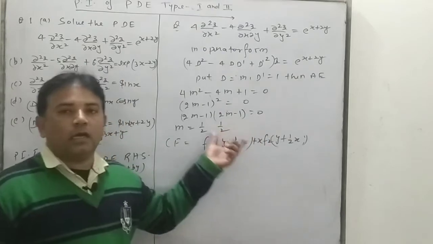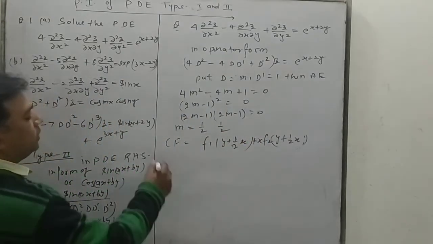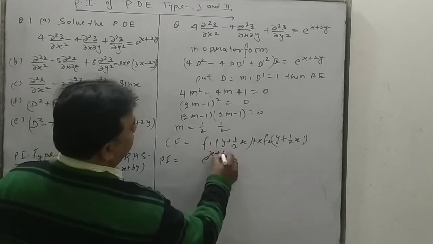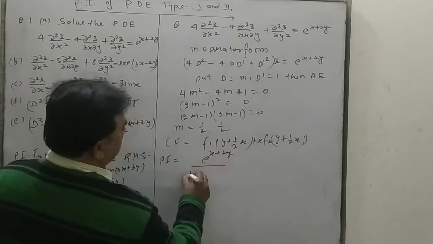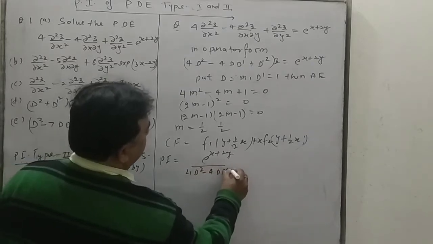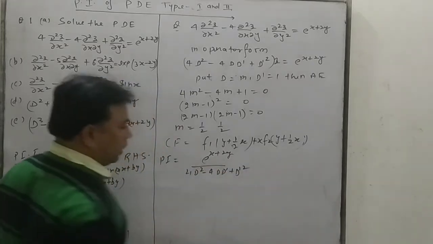After that you find the PI of this partial differential equation. PI equal to e to the power x plus 2y upon 4D square minus 4DD dash plus D dash square.